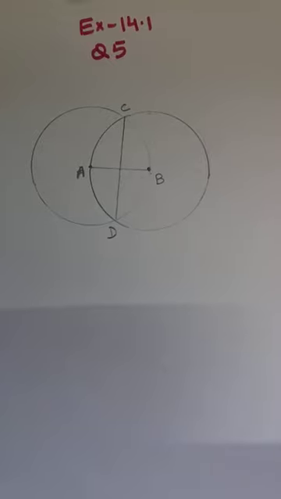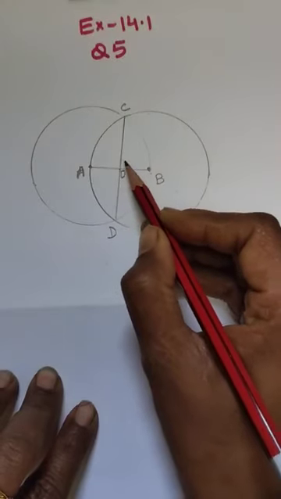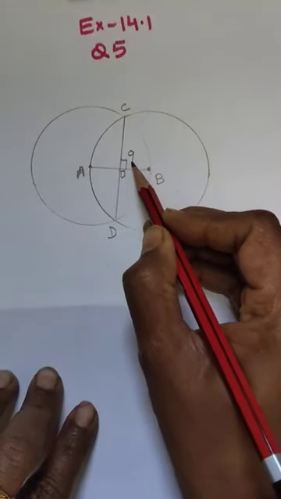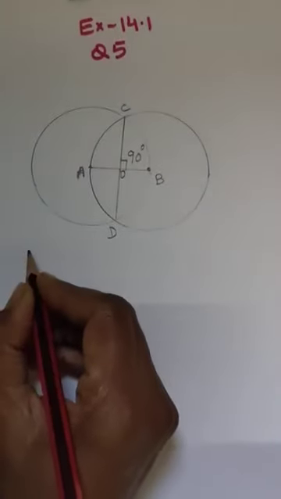So how we will write down? Yes, AB and CD intersect at right angle as angle COD is 90 degree. You will write down.